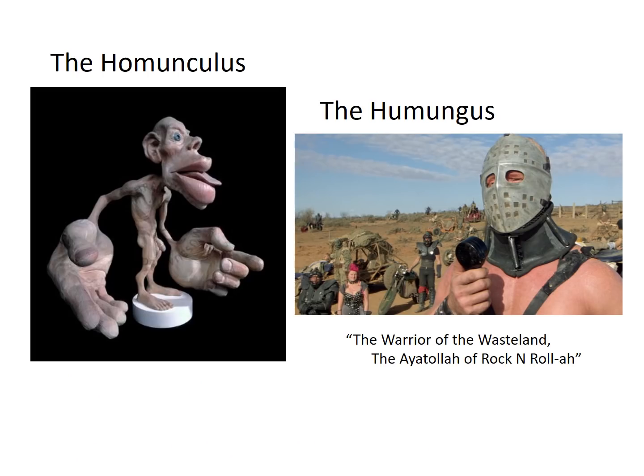The homunculus, the humungus. Did you guys watch the Mad Max movies? In Mad Max Part 2, there was this giant guy called the humungus. Okay, don't confuse the homunculus, the geographic region of the brain for our body, with the character in the Mel Gibson movies, Mad Max, the Road Warrior.